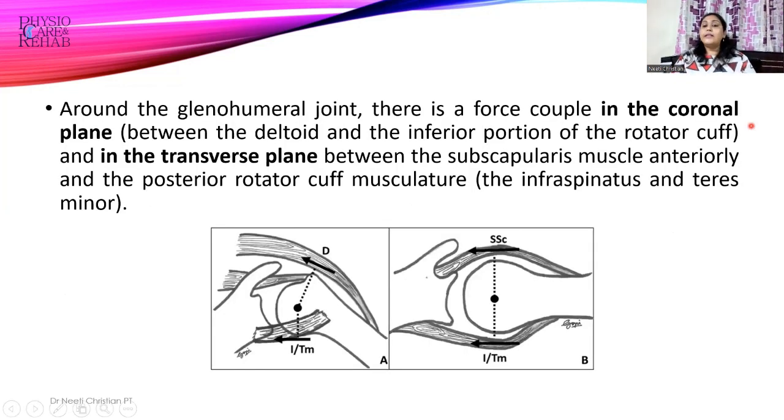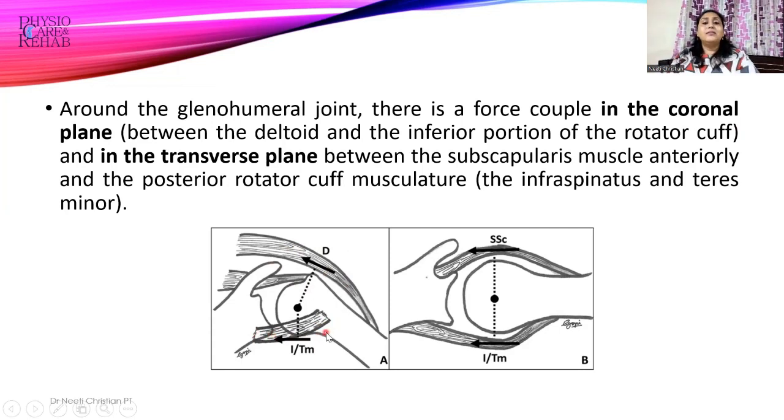Here at the glenohumeral joint, there is a force couple in the coronal plane between the deltoid, as you can see in the first image, and the inferior portion of the rotator cuff muscles, that is infraspinatus, teres minor, and some part of subscapularis.